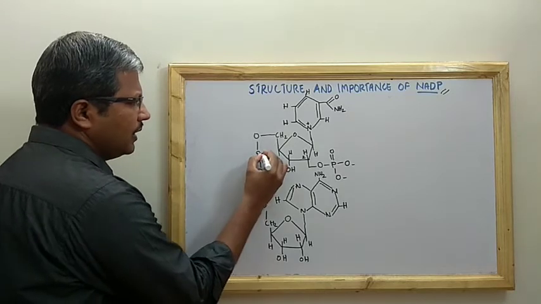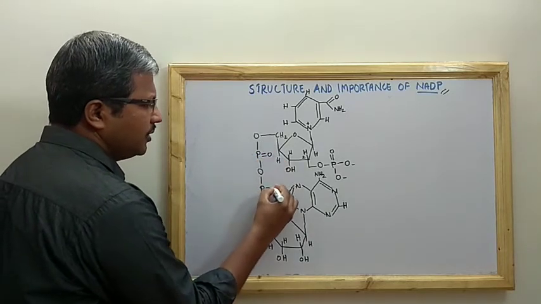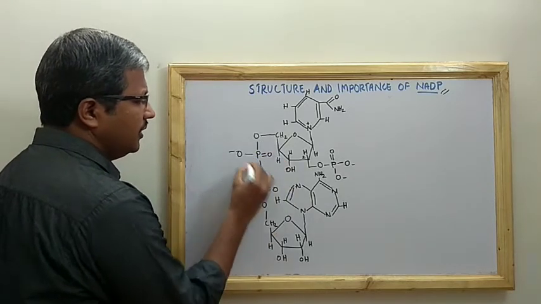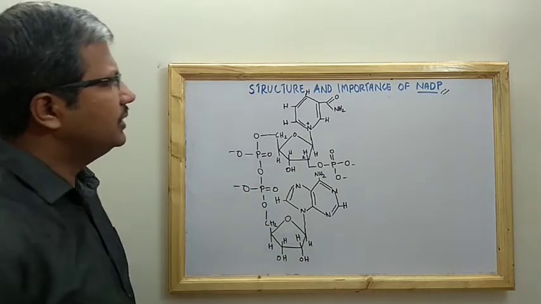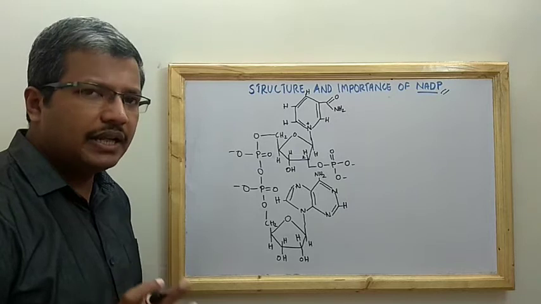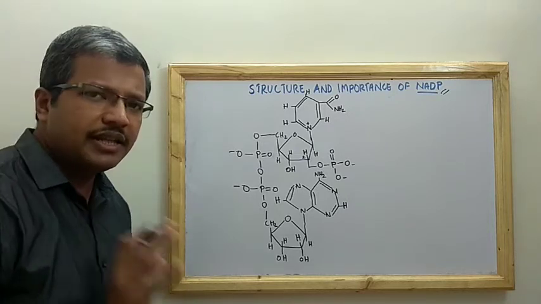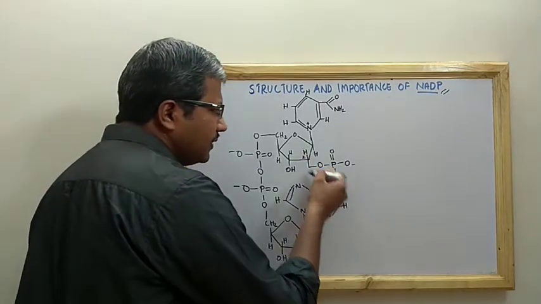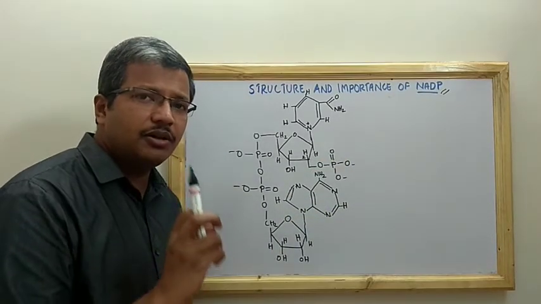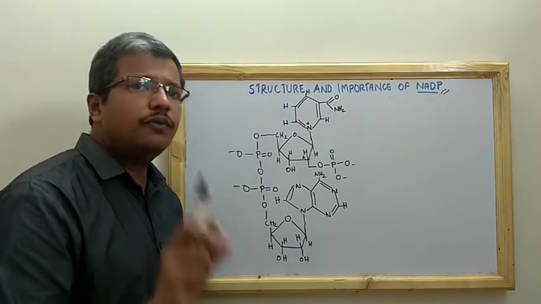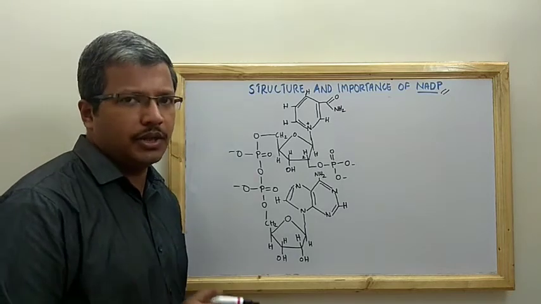So we have to add the remaining part of the phosphate group, O minus, O minus. This is actually the structure of NADP. What is extra compared to NAD? Only this particular phosphate group that is added to the second carbon of ribose sugar of niacinamide nucleotide.